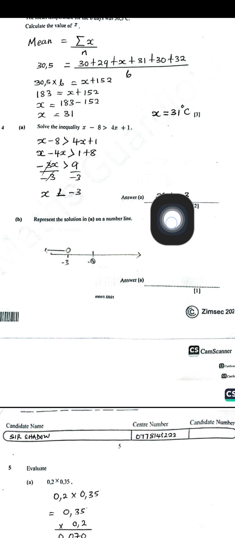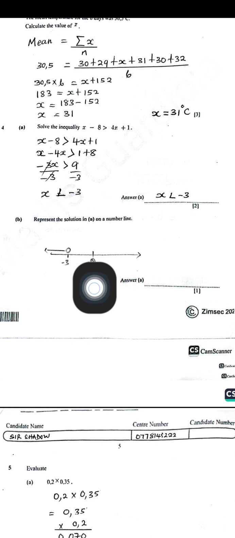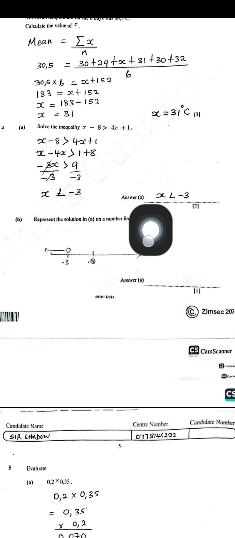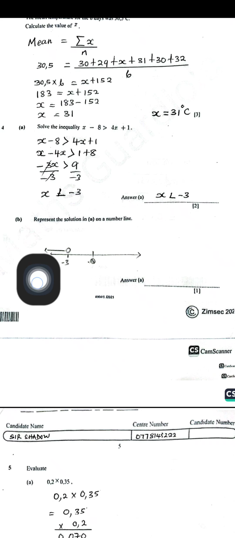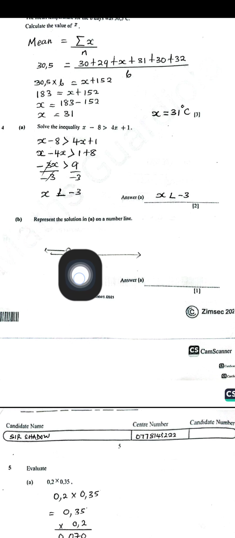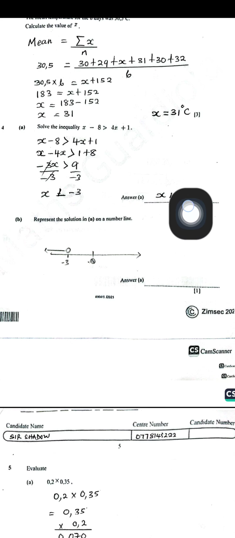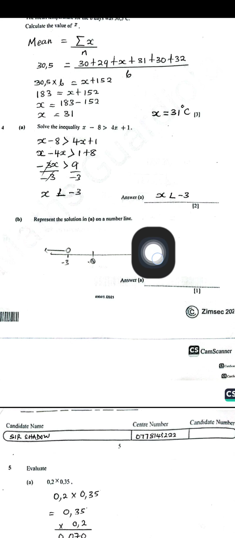Then, since we are given that x is less than minus 3, if you are given less than or greater than, you just put a circle which is not shaded. But when given greater or equal to or less or equal to, you put a circle and shade it. In this case, we are given less than, so you put a circle without shading. Then you look at where the sign is opening.